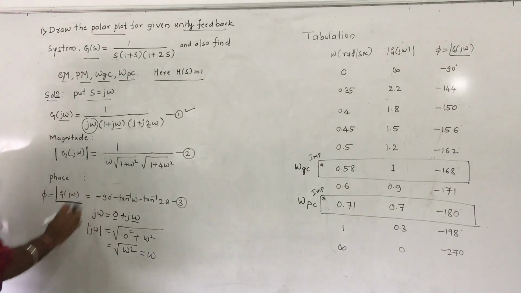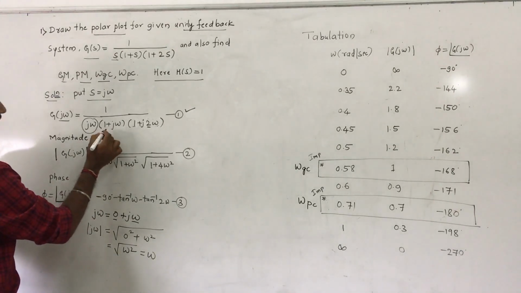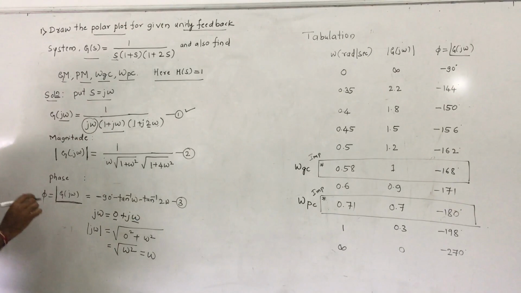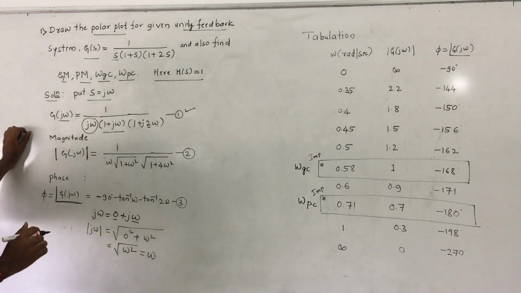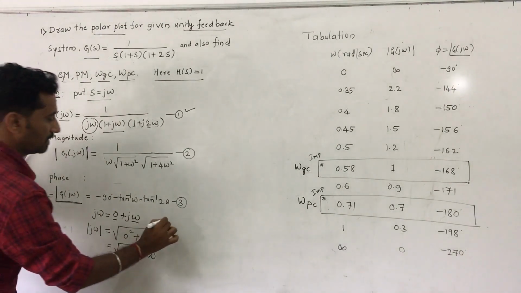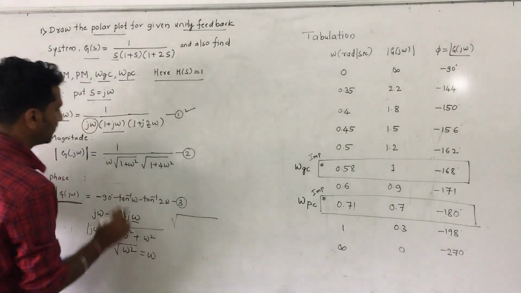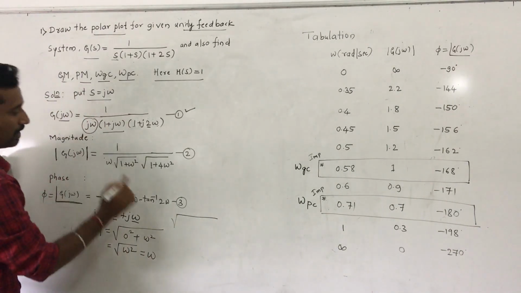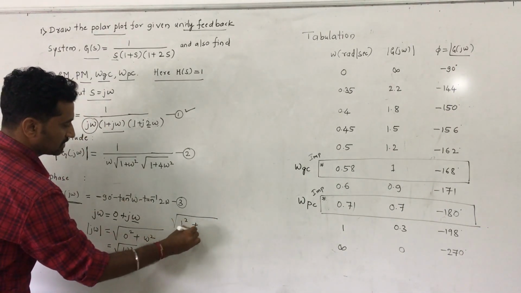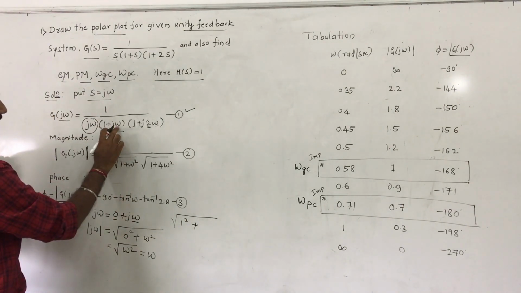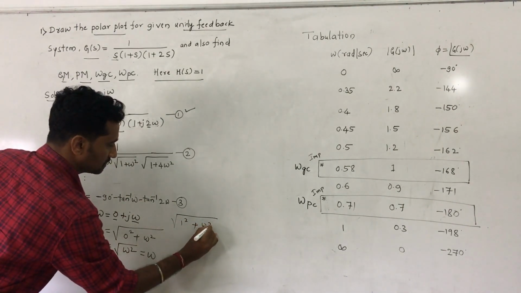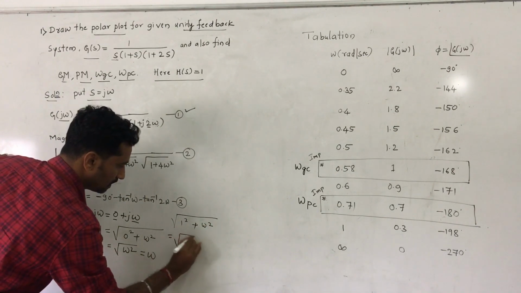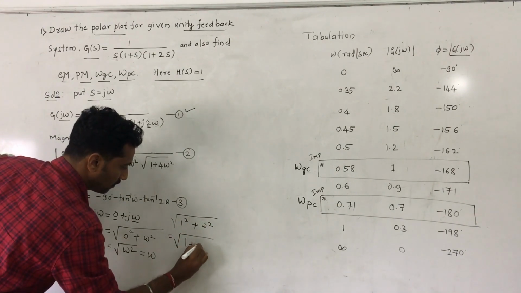Similarly, you need to find the magnitude of the term 1 plus j omega. Under root real part square, the real part here is 1, so 1 square, plus the imaginary part omega, so omega square. That results in under root 1 plus omega square.